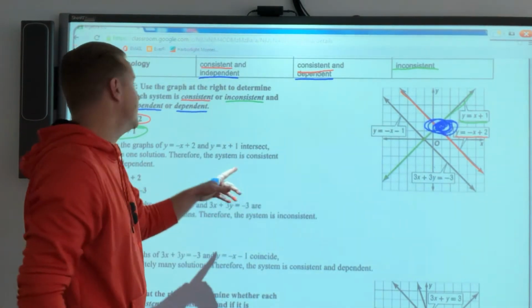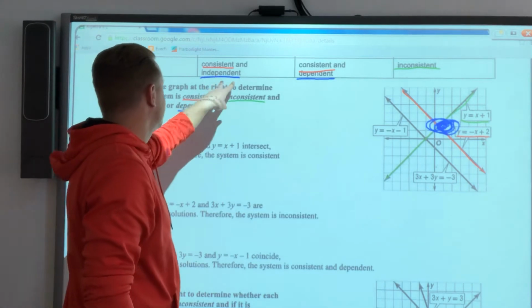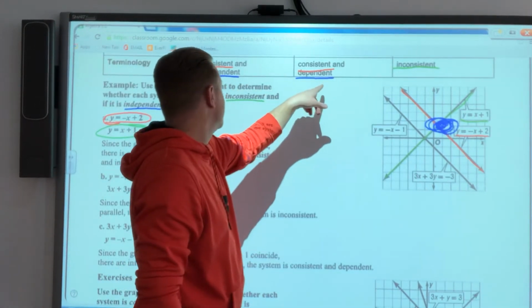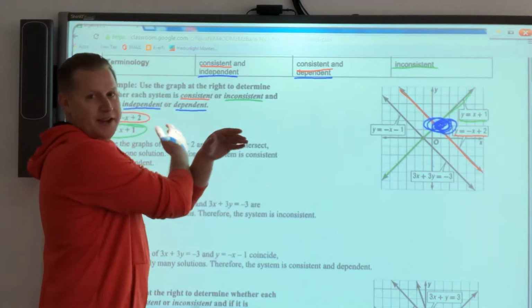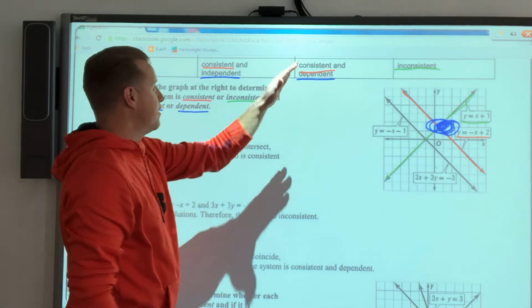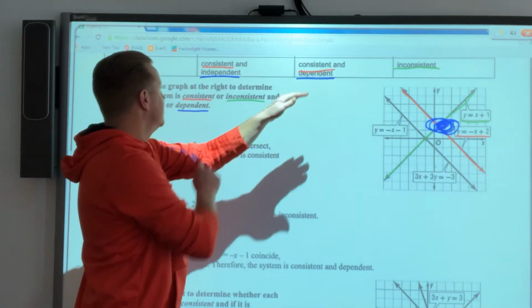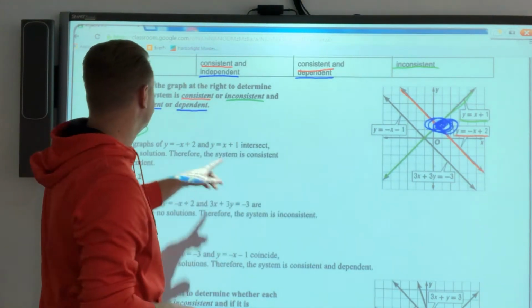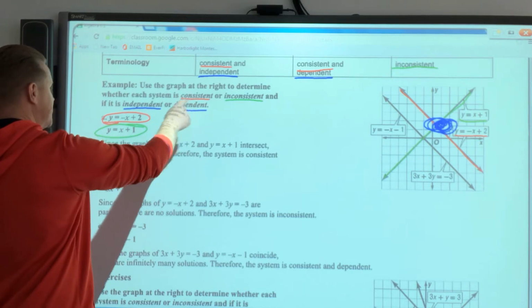Also, is it independent or dependent? Is there one point where it's an independent point, or are there multiple dependent points that go on forever? Correct.